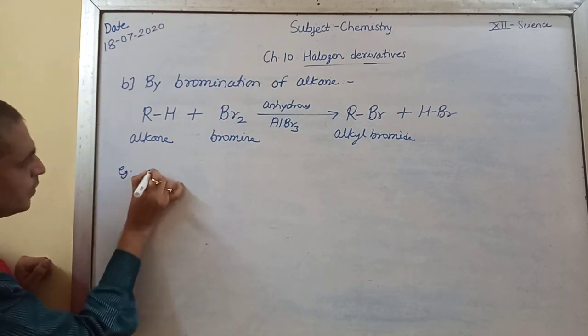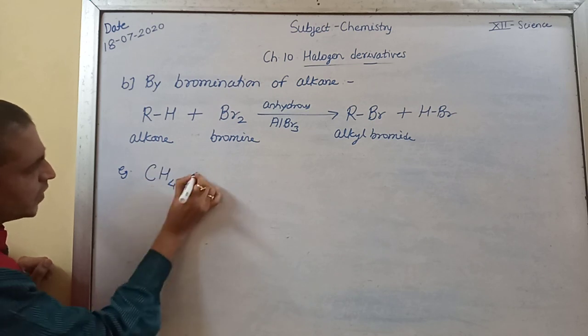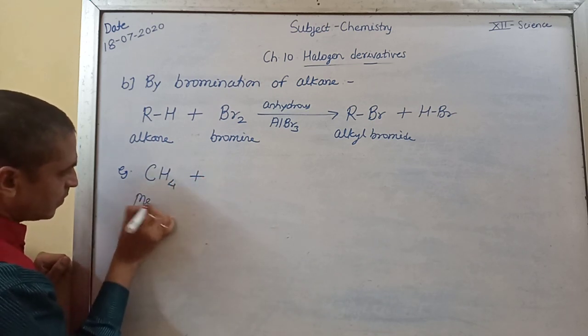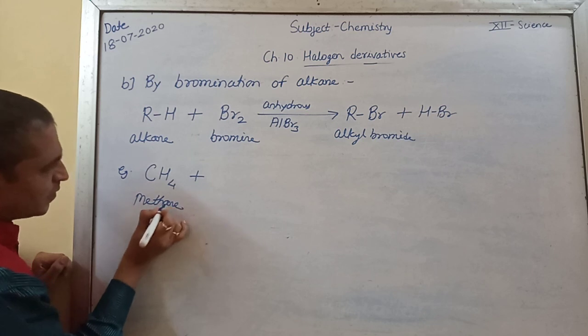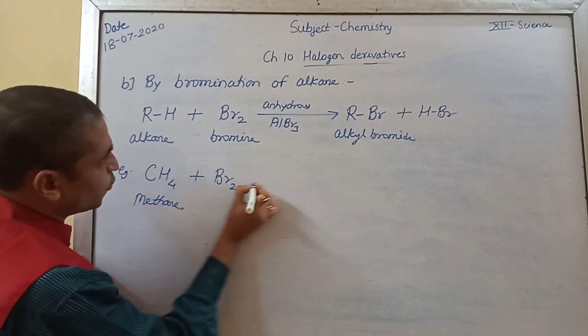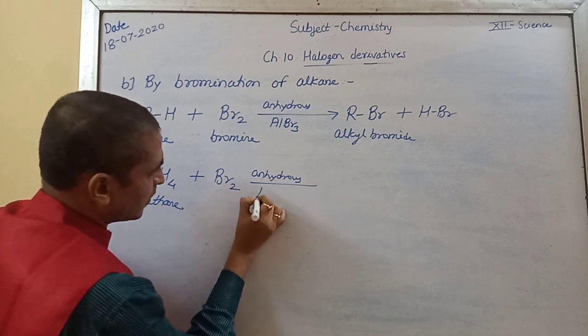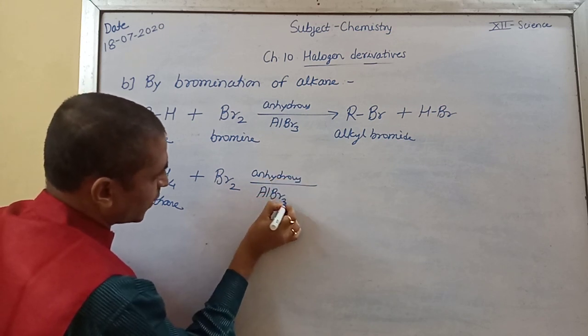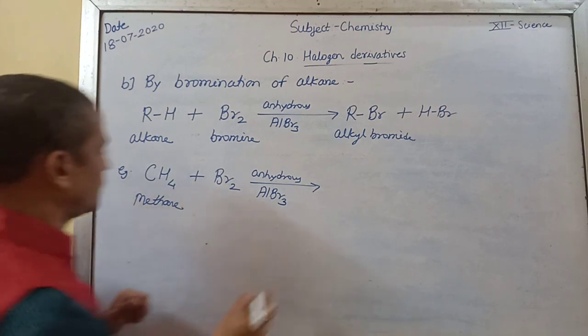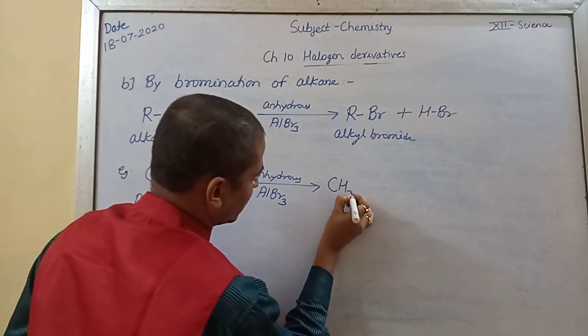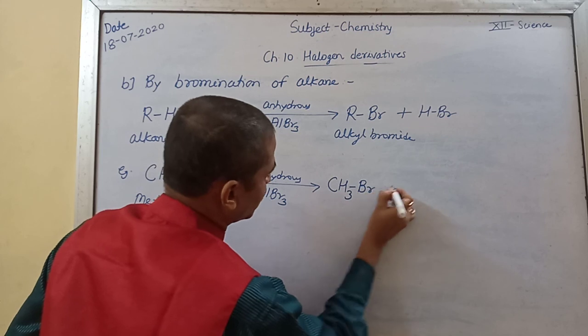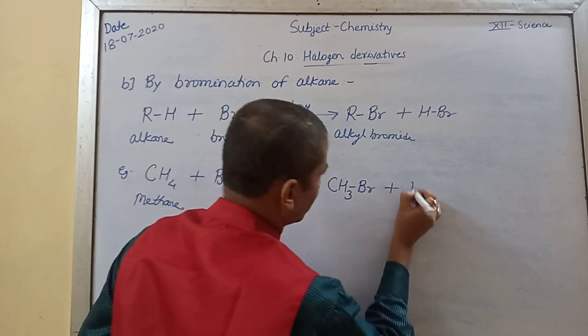It is alkyl bromide. See the example. Again I am taking CH4, that is methane, bromine, anhydrous aluminum bromide, which is used as a halogen carrier. So here you get CH3Br plus HBr.